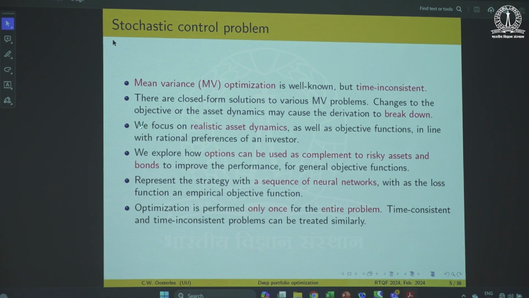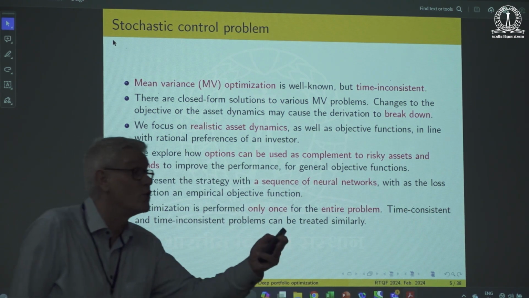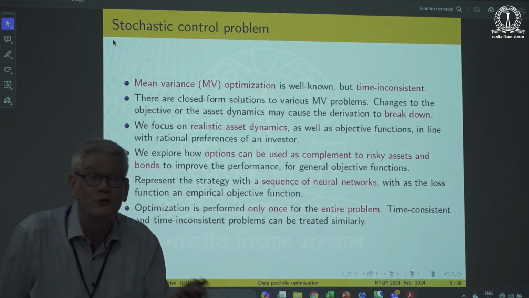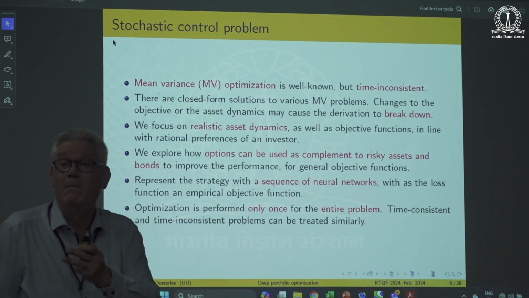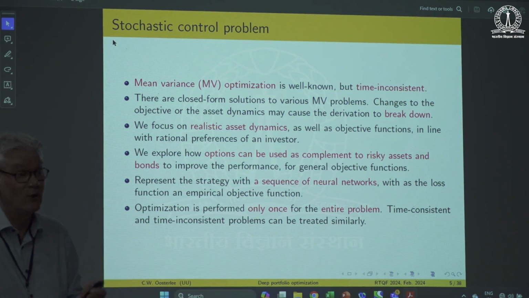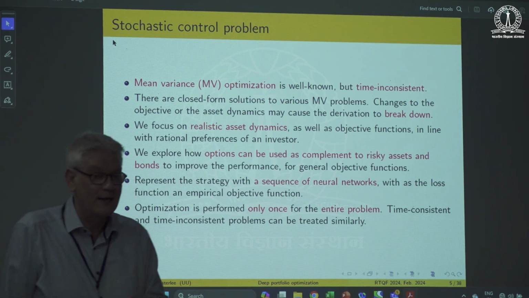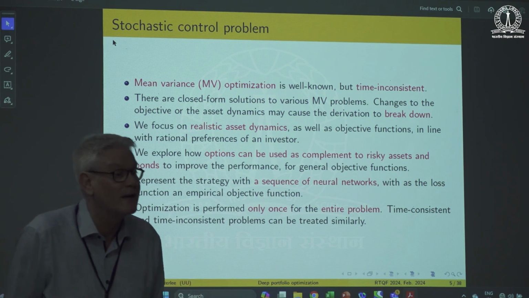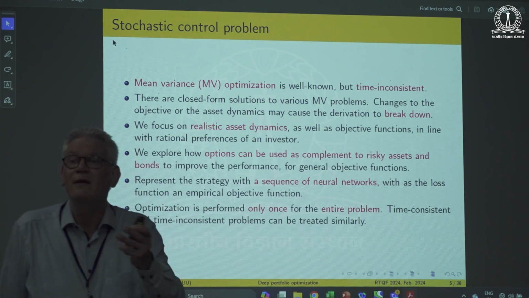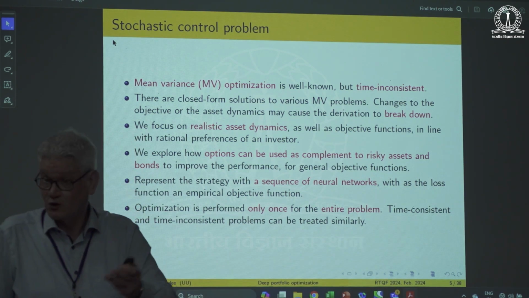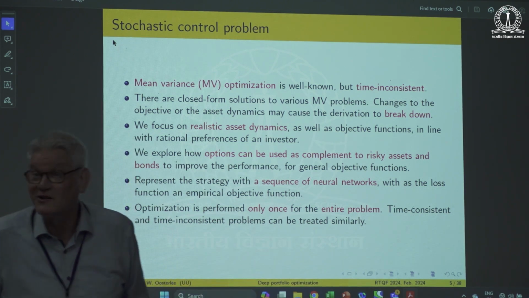Now, it's our aim to focus on some more realistic asset dynamics. It can even be historical data. We don't use that; we use a model with jumps, so an incomplete market. But also, in Waterloo, in Canada, there is this group by Peter Forsyth, and they work with historical stock data from the last more than 100 years.